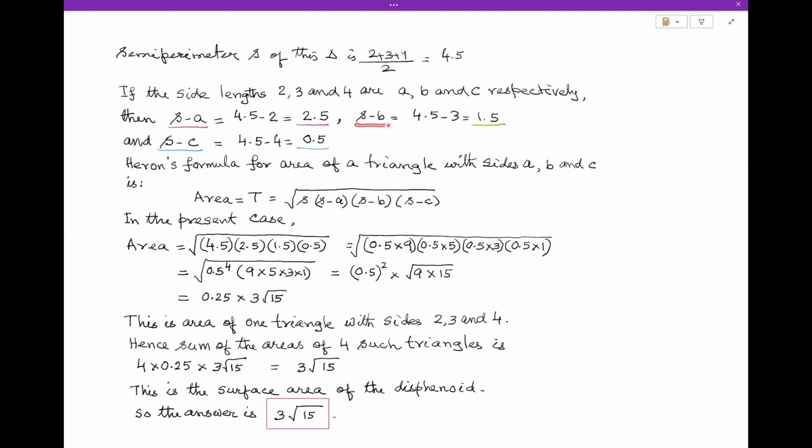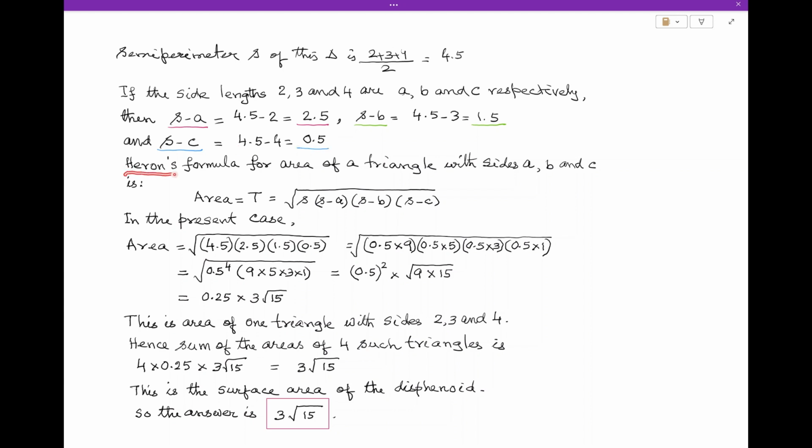S minus B will be 4.5 minus 3, that is 1.5, and S minus C will be 4.5 minus 4, that is 0.5.